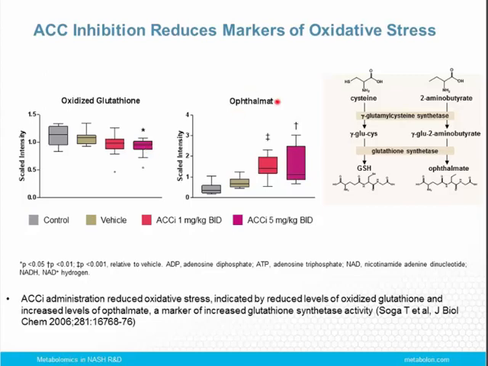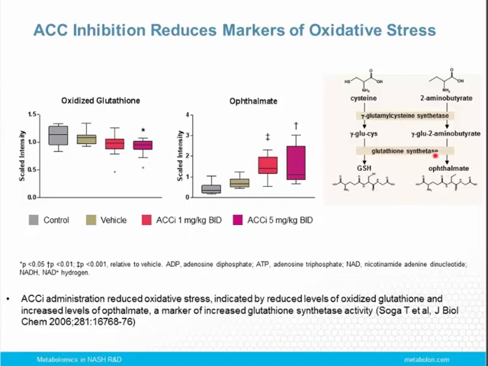Additionally, this is something that I learned from working with Carrie on the analysis. The increase in ophthalmate is actually an indicator that you have increased activity of this enzyme glutathione synthetase. So it's making ophthalmate, but it's also making glutathione.